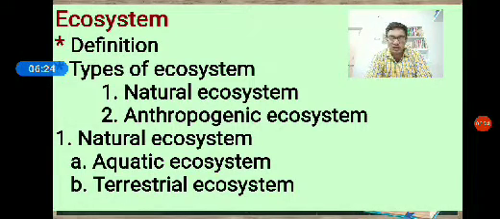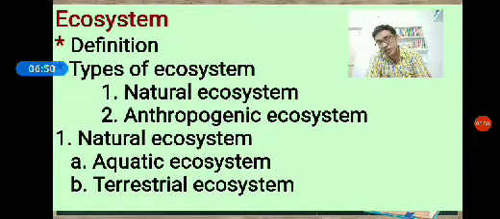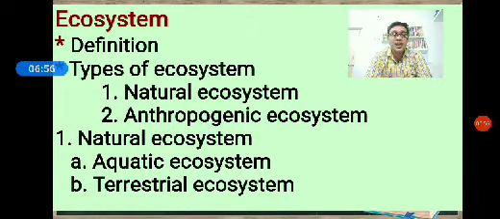The natural ecosystem is classified into two types: aquatic ecosystem and terrestrial ecosystem. These classifications are based on habitat condition. Habitat means living place.